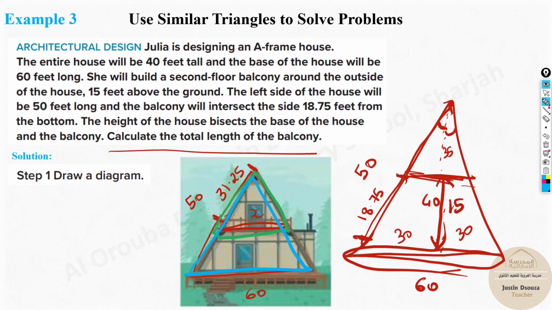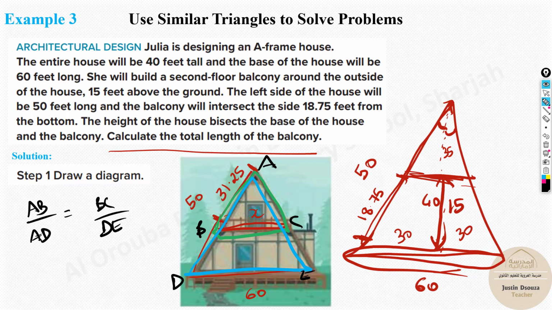You can write any proportionality you want. I will just choose A, B, C, D and E. Now look here, AB, the small length, AB must be divided by AD, the total length. That must be equal to BC divided by the total length, that is DE of the base.